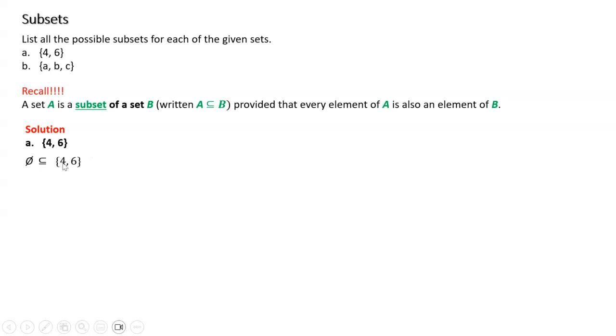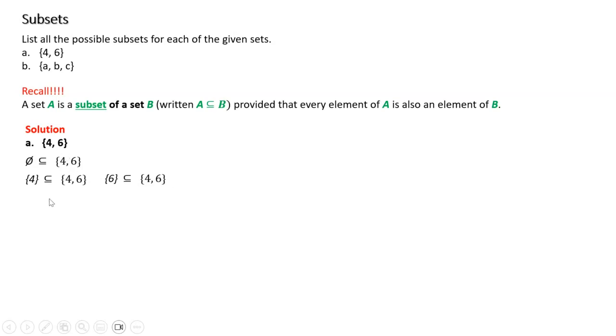The empty set belongs to the set 4, 6. Now we're going to take them one at a time. So the set with element 4 is also a subset of the set 4 and 6. Now we take the 6 by itself. So the set with element 6 is also a subset of the set 4 and 6.